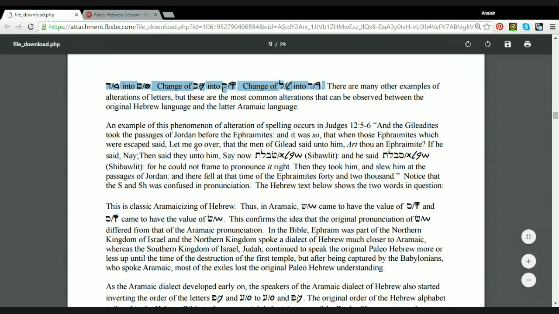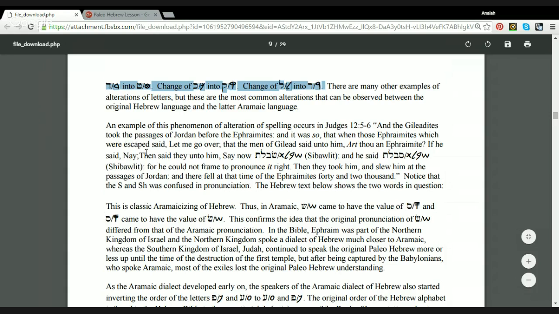So then I say, an example of this phenomenon of alteration of spelling occurs in Judges 12:5-6. The Gileadites took the passages of Jordan before the Ephraimites, and it was that when those Ephraimites which were escaped said, "Let me go over," that the men of Gilead said unto them, "Art thou an Ephraimite?"